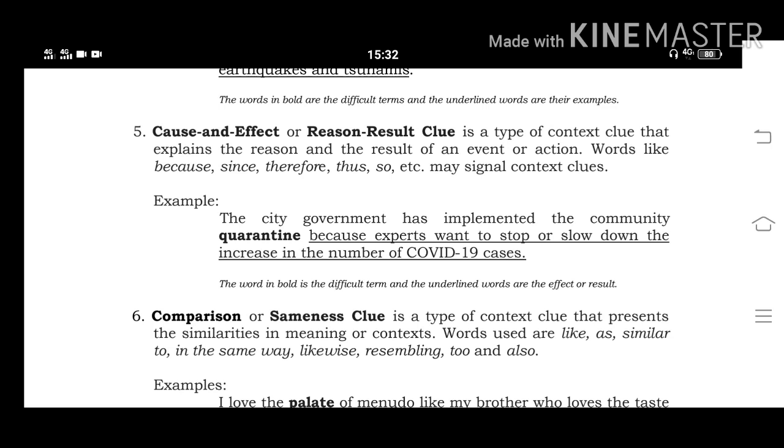Ano ang bold word dito? Ang salitang quarantine. So, ang quarantine, since this is an example of a cause and effect clue, ano ang quarantine? Is it a cause or an effect? Okay, it's a cause. Ano ang effect ng quarantine?